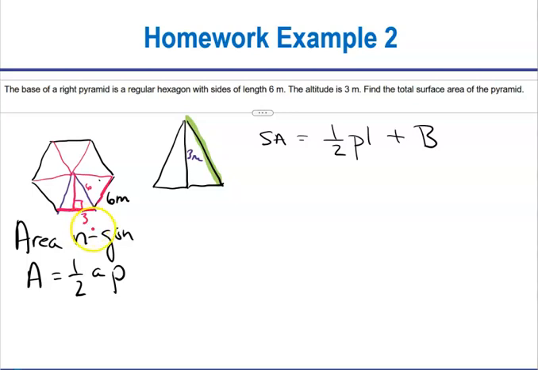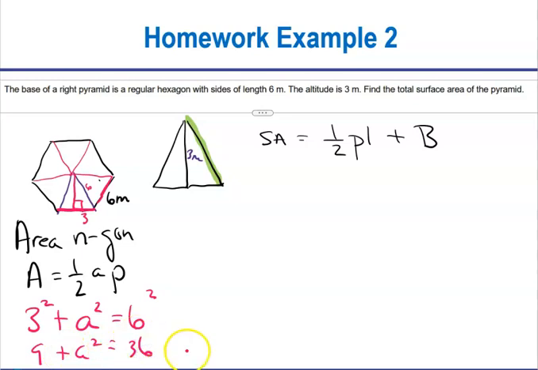You could either use the Pythagorean theorem and say side squared plus side squared is equal to 6 squared. Let's do that. So 3 squared plus A squared, as altitude, equals 6 squared. That's 9 plus A squared is equal to 36.